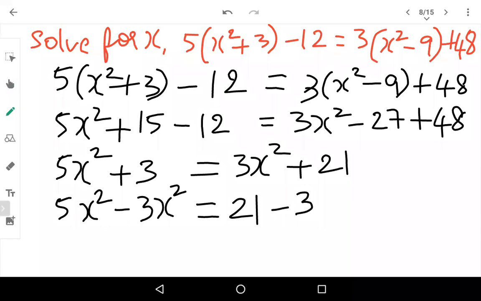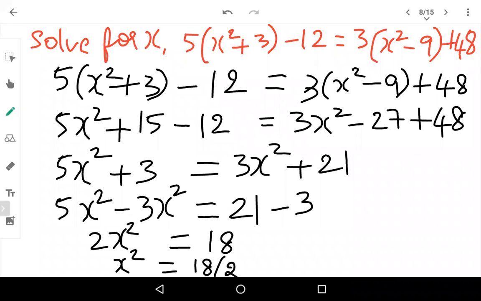I just interchange the places. So 5x square minus 3x square is 2x square, is equal to 21 minus 3, which becomes 18.